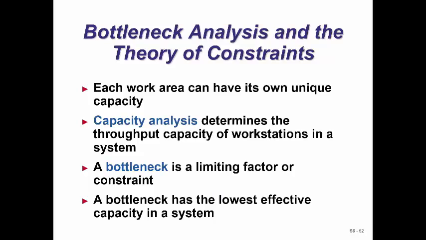Bottleneck analysis and capacity analysis. Capacity analysis is measuring the throughput and seeing how machinery can be aligned to work that out. A bottleneck is basically the limiting factor within a production facility.